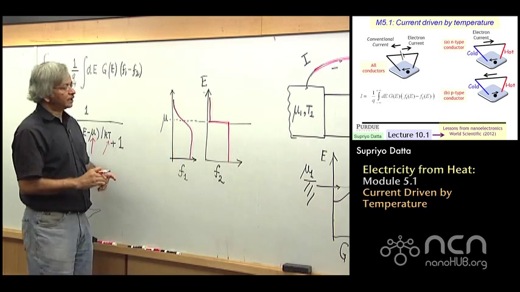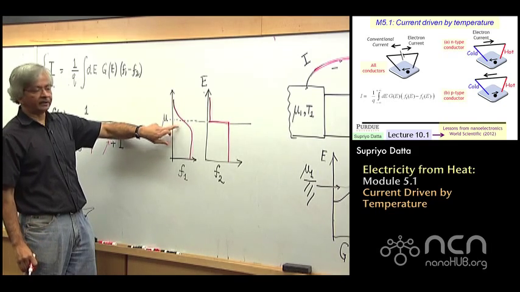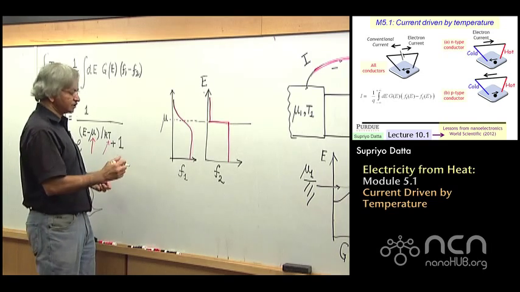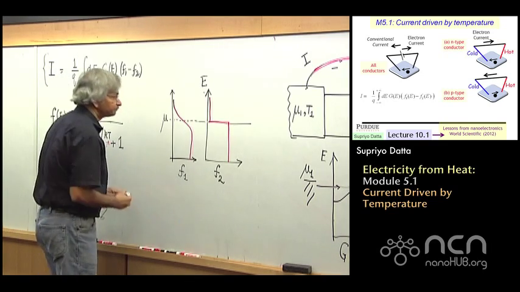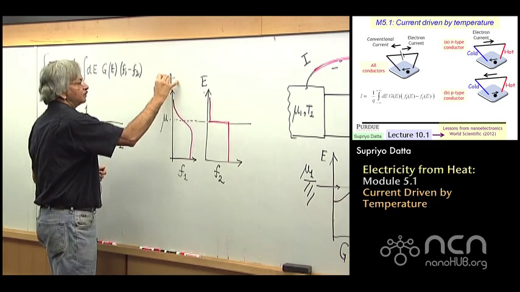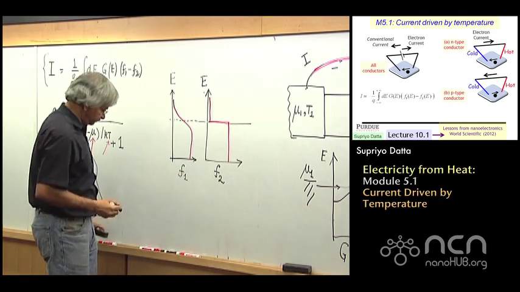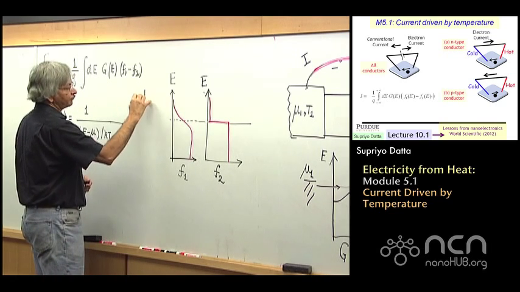See, where it does not change quite so abruptly. It changes gradually. Why? Because this is the hot contact. This is the one that's at a higher temperature. So now the question is, what does the difference between the two look like? So let's now look at the difference.